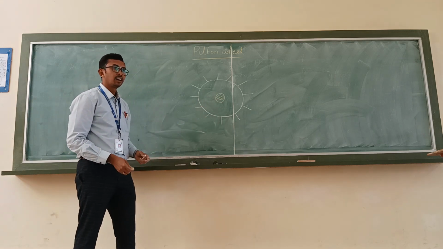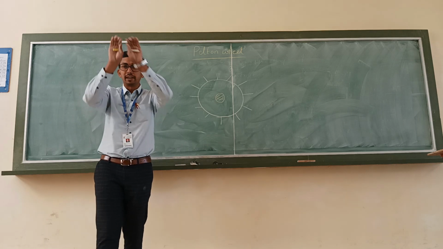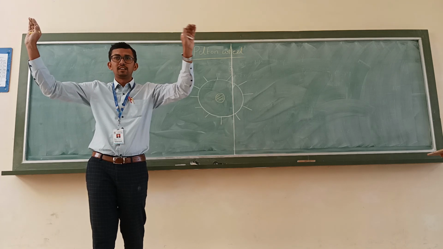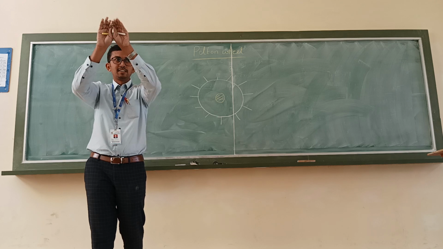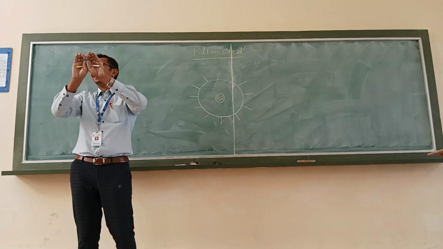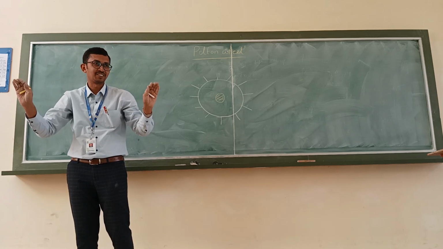So this is a rotor and it will be having double hemispherical shaped blades. So this is one hemisphere and this is another hemisphere. It will be joined. Double hemispherical shaped blades.